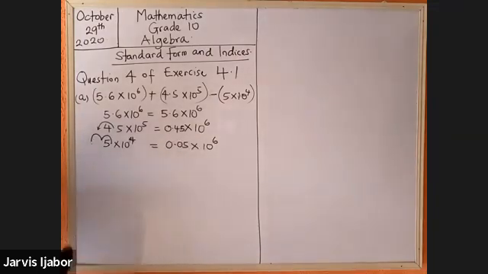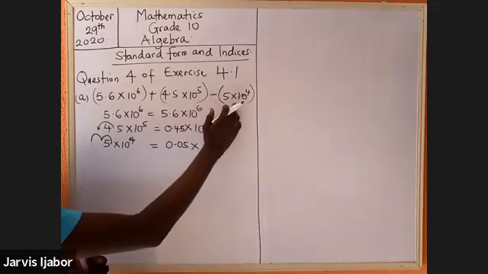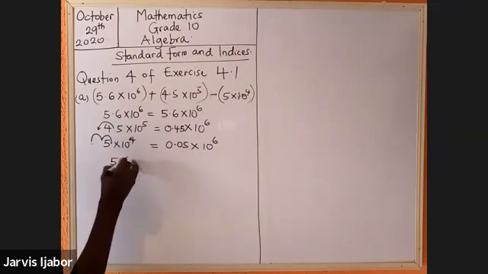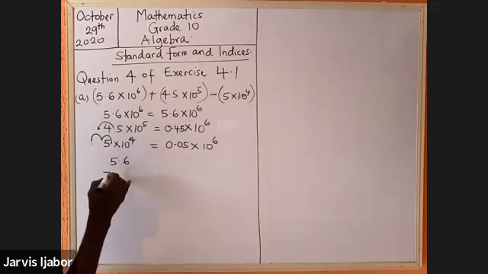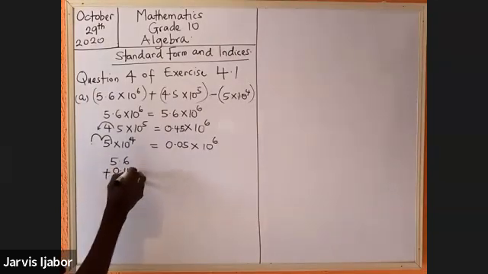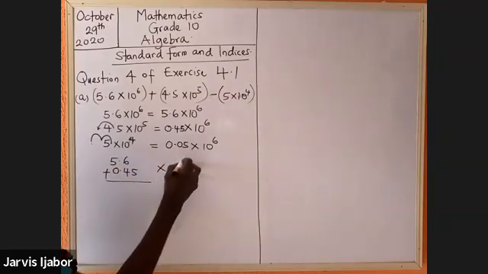Now remember that our task is to add these two and then subtract from this. So that gives me 5.6 plus 0.45, whatever I get times 10 raised to the power of 6.